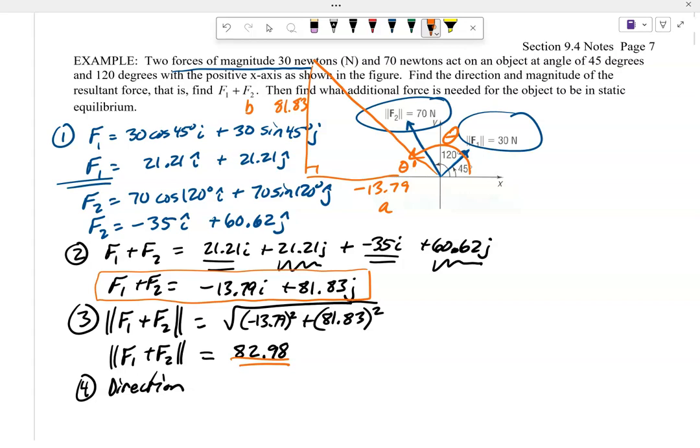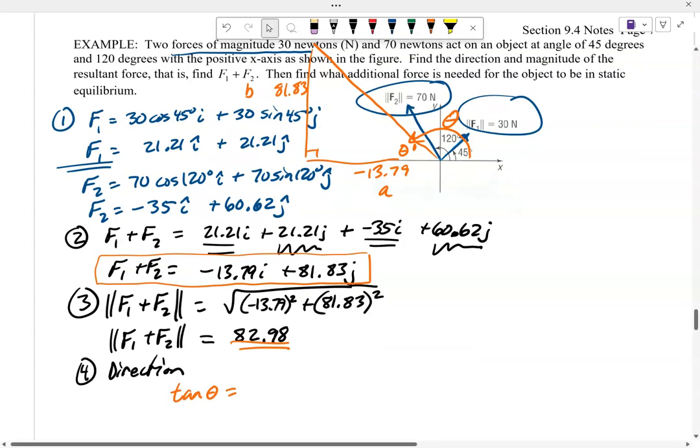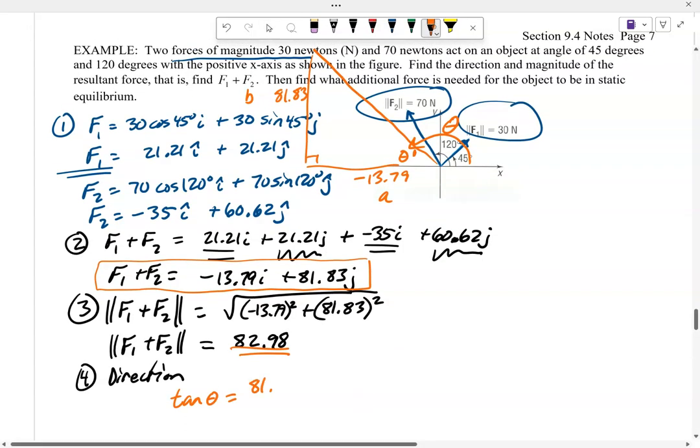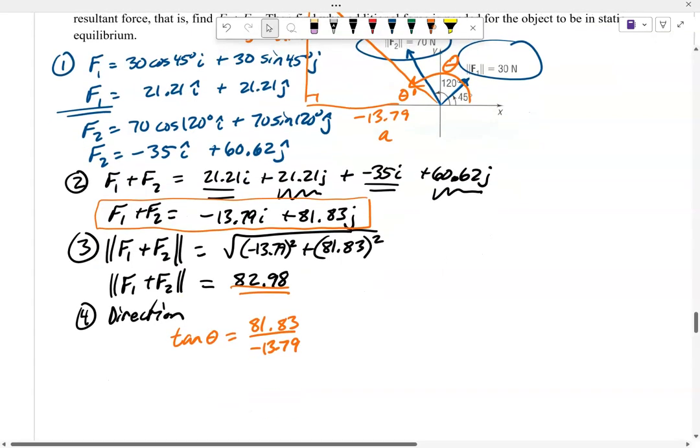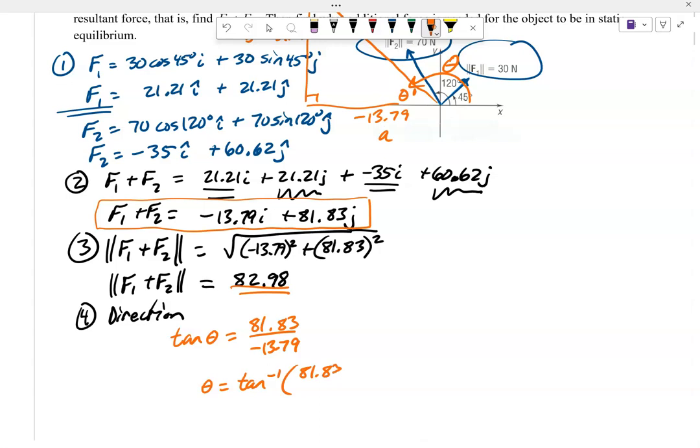So the tangent of theta is opposite over adjacent. And so theta will end up being the arctangent of this. The problem with this is that when I'm taking the arctangent, we're always looking between negative pi halves and pi halves.